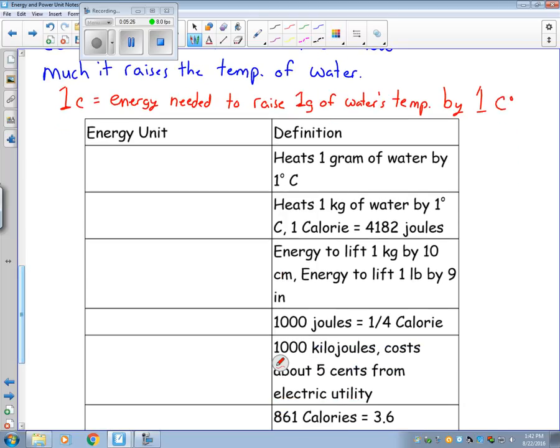So if I were to think about a food calorie, which is 1,000 of those, it'd be what's needed to raise 1,000 grams of water by 1 degree Celsius. All right, so again, if I take a look at energy, the calorie heats 1 gram of water by 1 degree Celsius.